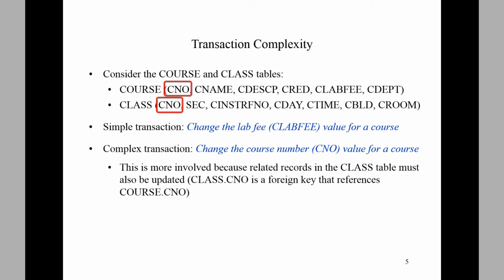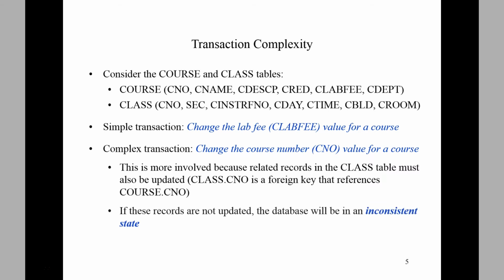So this is a more involved transaction because the related records in class must also be updated, because class C&O is a foreign key that references the C&O column in the course table. If these records in the class table are not updated, the database will be in an inconsistent state. We'll have classes referring to a course that no longer exists.